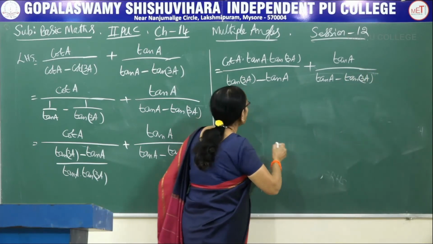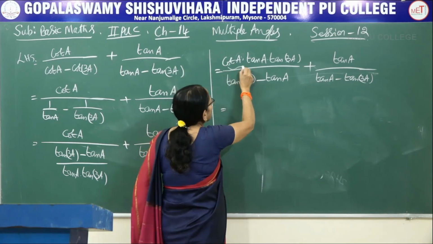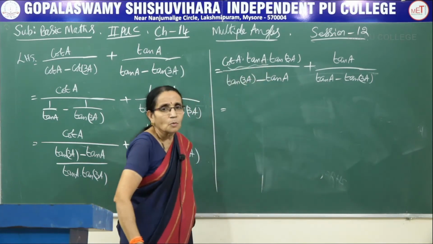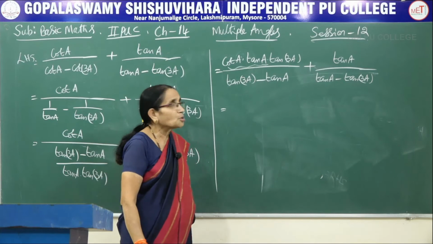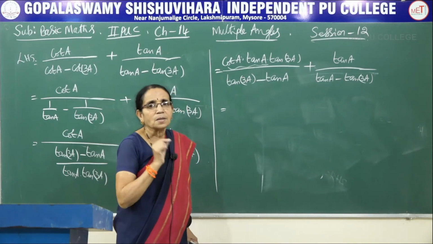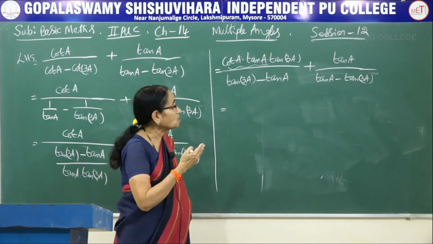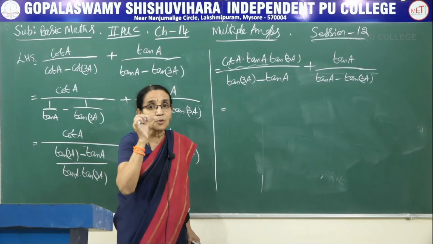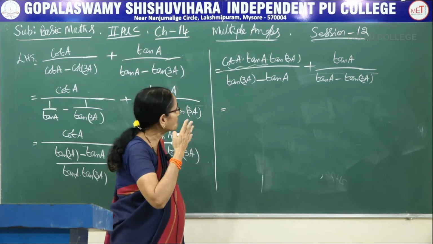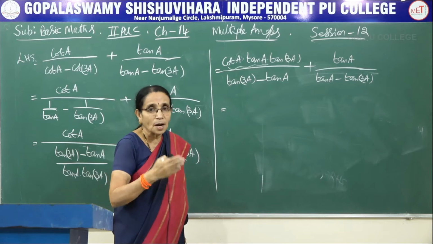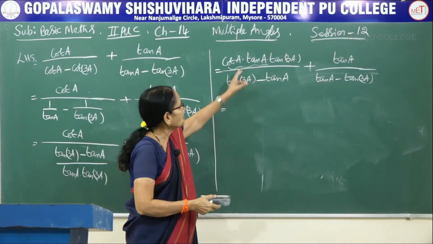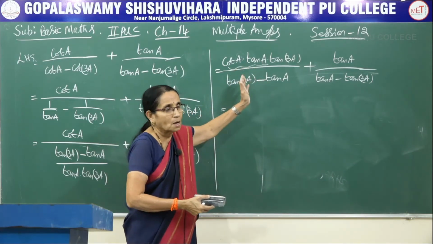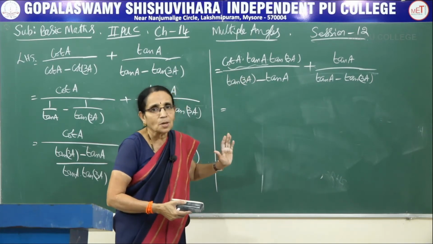Now, look at this one. The product I am having. What type of ratios are they? Cot A and tan A. We have learnt about this in the very first class of trigonometry. When you started learning trigonometry, you learnt about the definition of tan A and cot A. They are nothing but the reciprocal ratios.